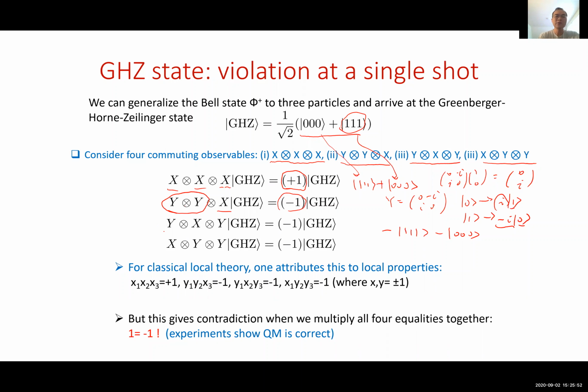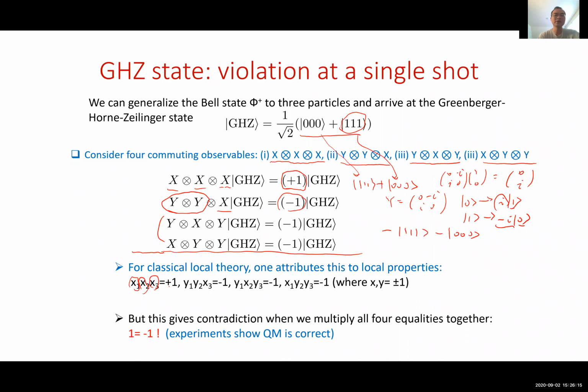And by permutation, you also have the other two cases. But now you can see that if I have a classical theory, the most sensible assignment is that I should give some local values, like x1, x2, x3.